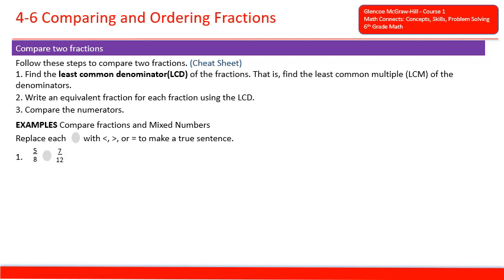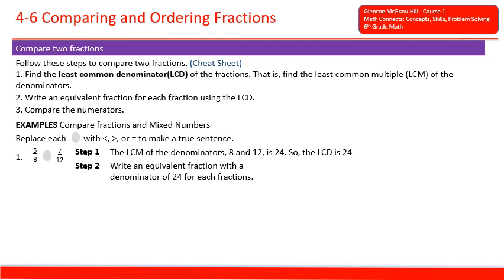5/8, 7/12. Step 1. The least common multiple of the denominators, 8 and 12, is 24, so the LCD is 24. Step 2. Write an equivalent fraction with a denominator of 24 for each fraction. So 5/8 equals, 8 times 3 is 24, so 5 times 3 is 15/24.